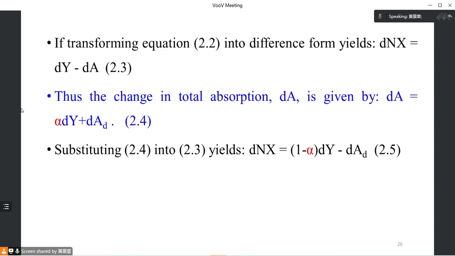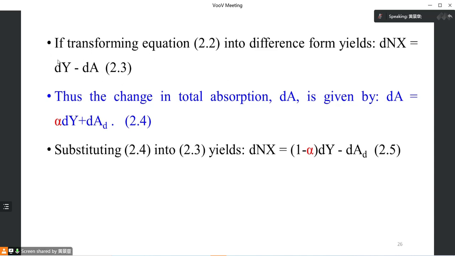Let's go on. If we transform equation 2.2 into difference form, it yields dnx equals dy minus dA.